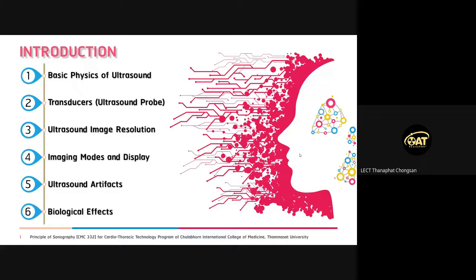And the third, after we learn about physics and structure, next we will study how it creates an image and what a good ultrasound image is. Next, we will learn how many types of imaging modes there are and how we choose a suitable mode for cardiology or echocardiogram.